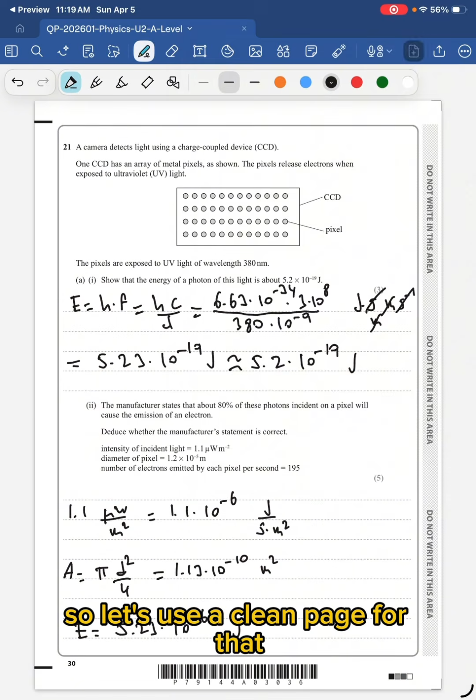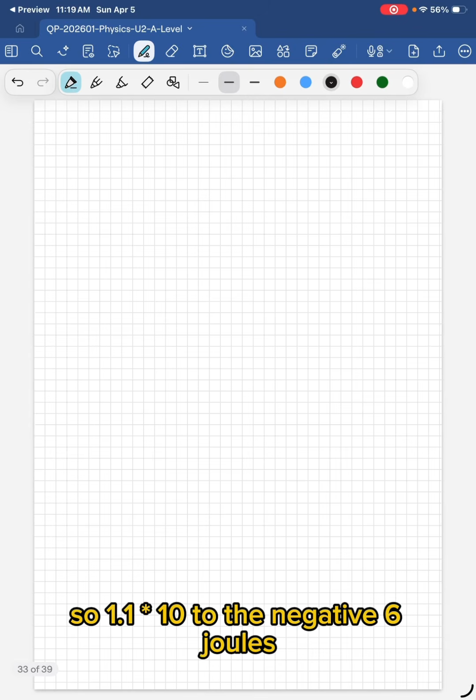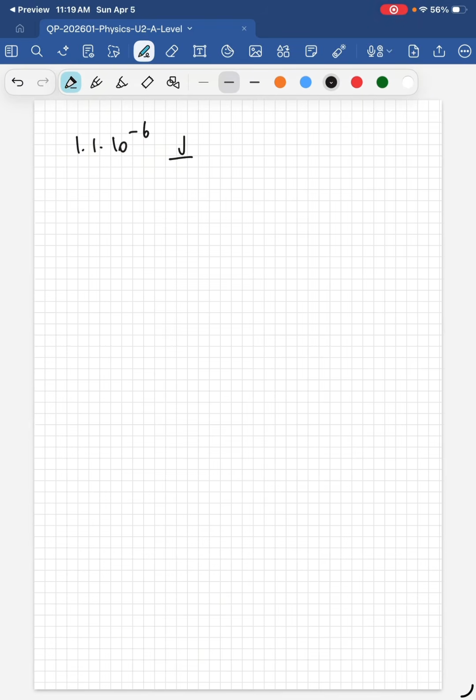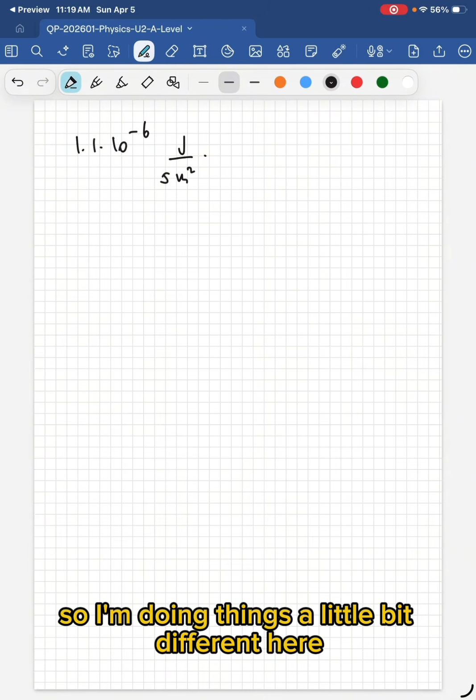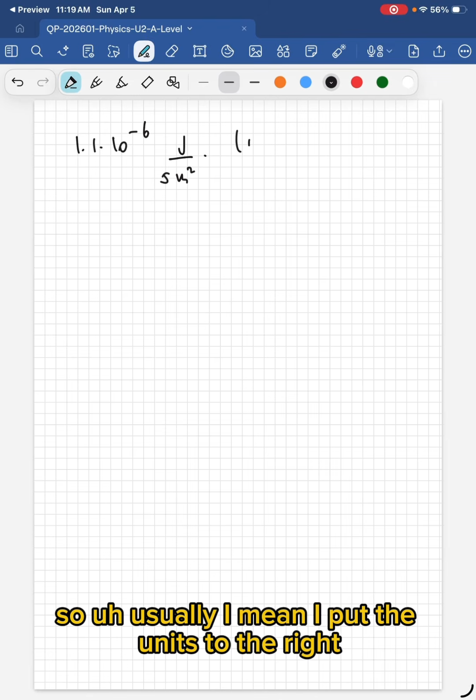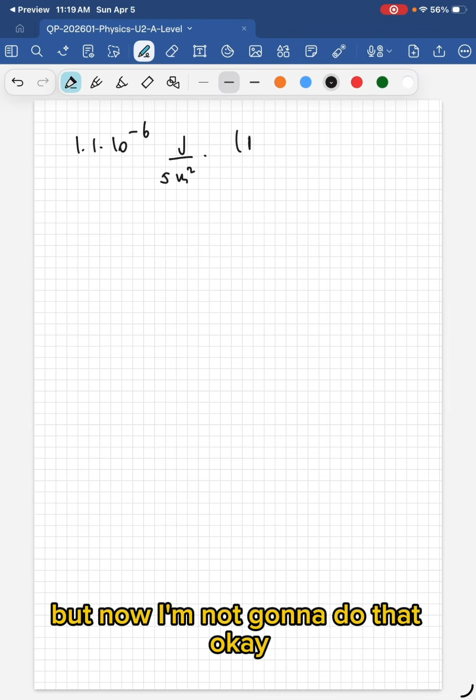Okay, so let's use a clean page for that. So 1.1 times 10 to the negative 6 joules per second per square meter. I'm doing things a little bit differently here. Usually I put the units to the right, but now I'm not going to do that.